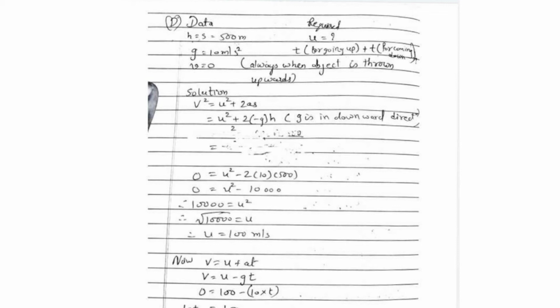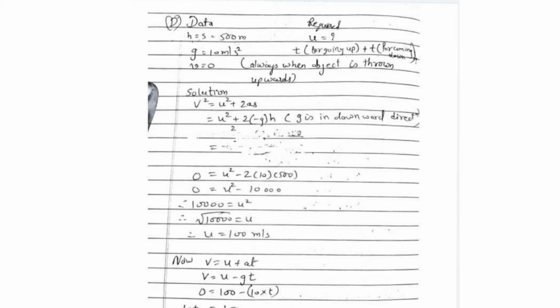So you have 0 is equal to U square. We don't know, correct? And then 2 माइनस साइन के साइड में हो जाएगा -2. And we have G. G is given here as 10 meters per second square. So we will be using that. So we will have here -2 into 10, and H is given as 500 meters. So I will write down 500. So 0 is equal to U square minus 10,000.